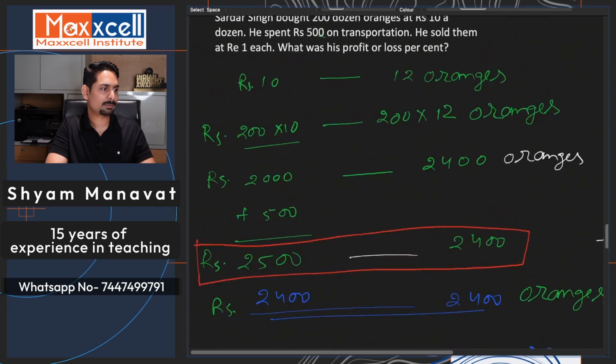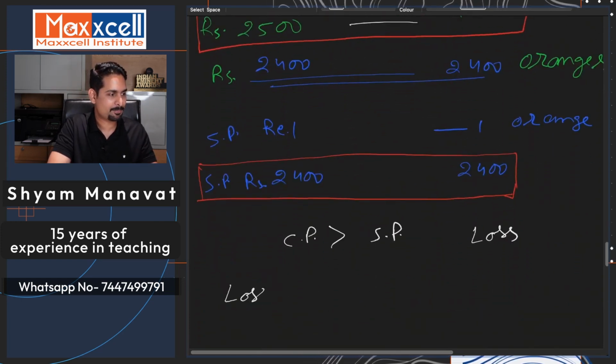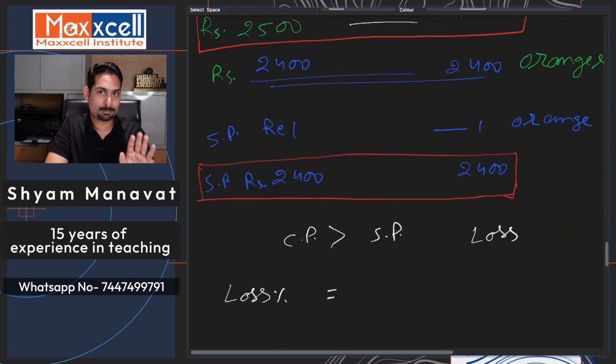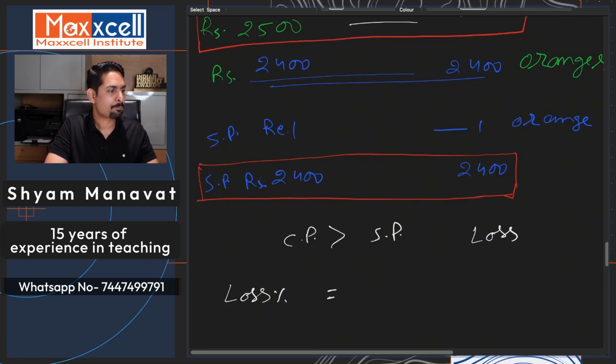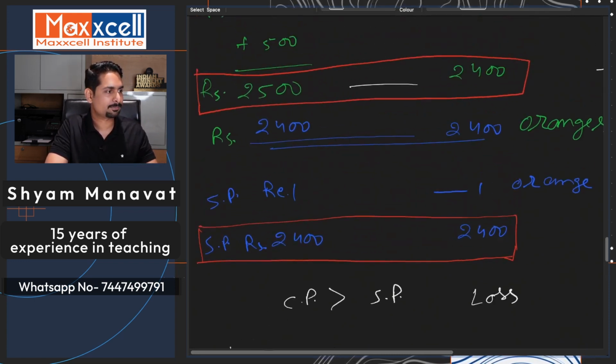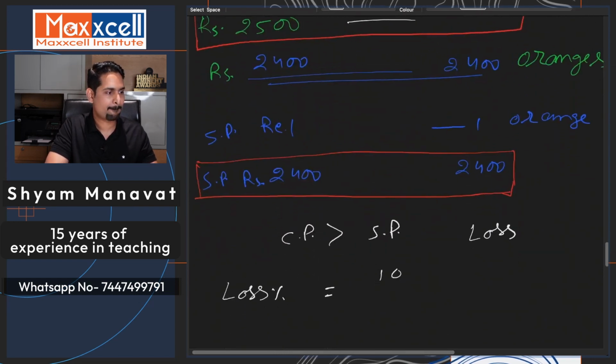What is the loss percentage? Come on, tell me. Pause the video, do the calculation by yourself and match it with me. So the difference between 2500 and 2400 is 100 rupees.